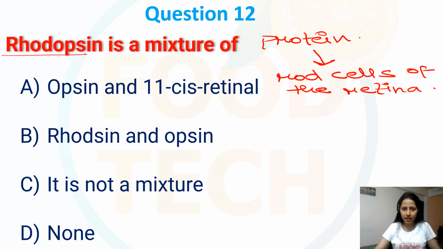What are the components? The first one is opsin, and opsin is a protein.